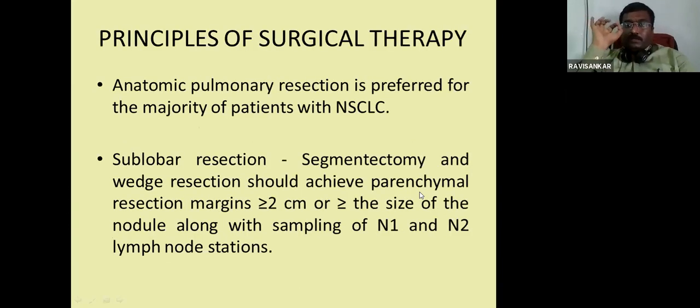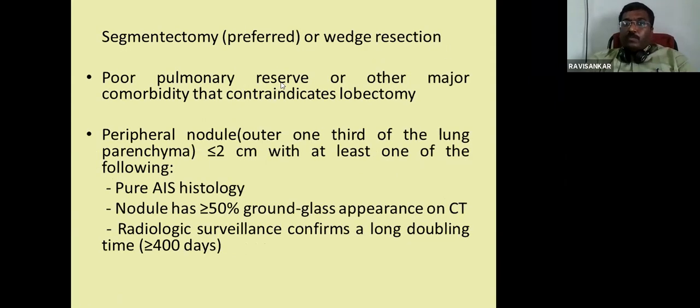Remember a few things about the surgical treatment in non-squamous cell carcinoma. Always do anatomical resection. Non-anatomical resection or sublobar resection can be done when you have a poor pulmonary reserve, or a peripheral nodule which is less than 2 centimeter in pure adenocarcinoma in situ histology.